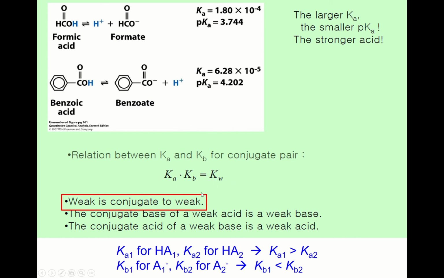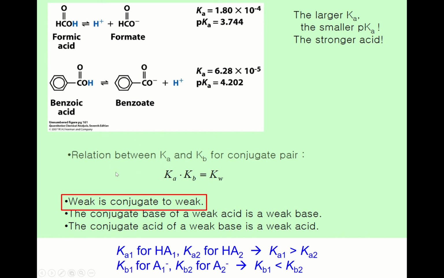This is a very important relation. Once you know Ka, or once you know Kb for the weak base, then you know the other constant. For example, for formic acid, Ka is this value. And what is Kb for formate? Using this equation, you simply divide this number by Kw, which is 10 to the minus 14. That's a very important relation.